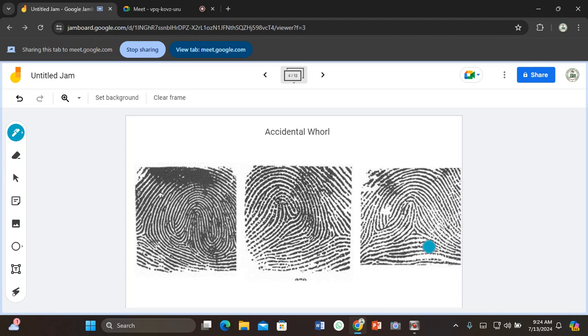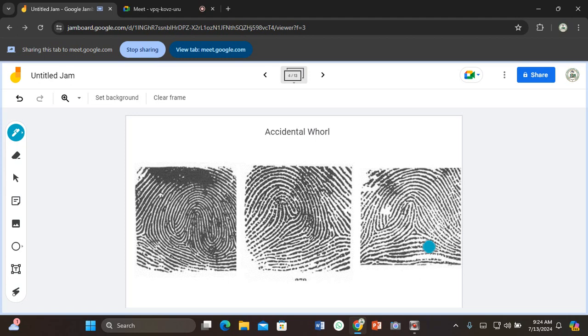It may be a combination of loop and tented arch, or loop and whorl, or loop and central pocket loop, or double loop and central pocket loop, or other such combinations. So the plain arch is excluded, as it is rather the absence of pattern than a pattern.